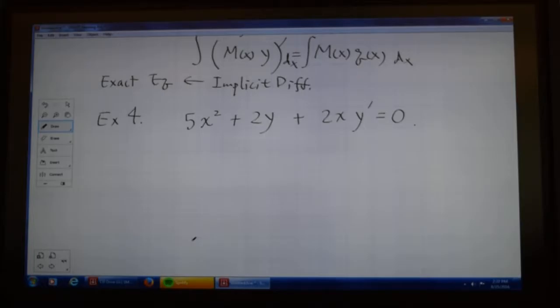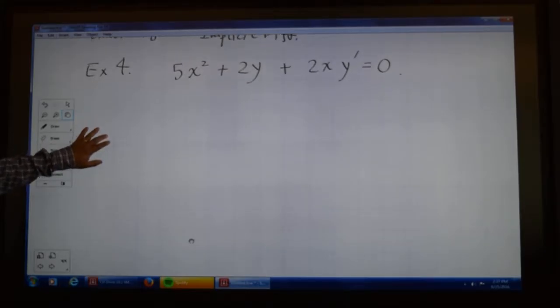Let's try to solve this in two different ways and see if we can get the same answer.